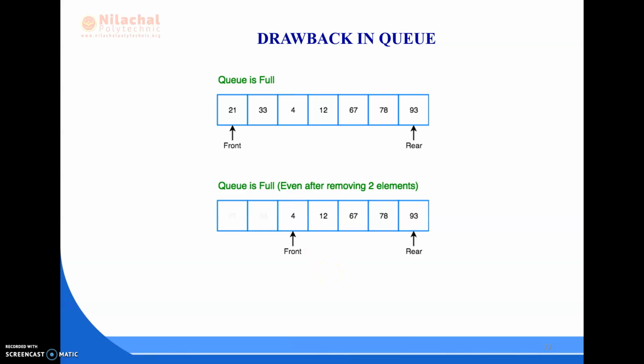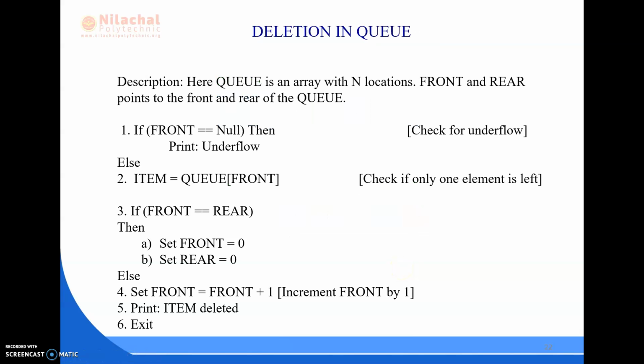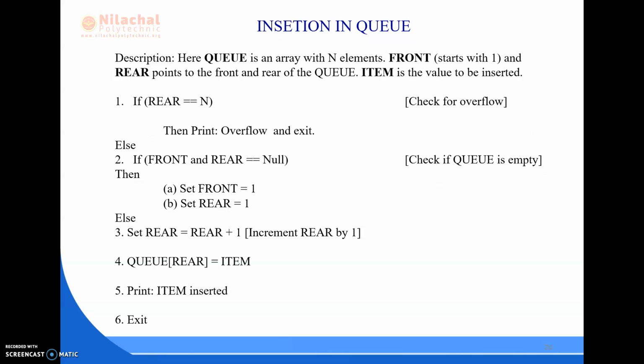Now the front is at the third position and the rear is at the last position. The drawback here is that when we want to insert a new element, it will check whether the rear is at the nth position, that is, the condition we check during insertion is rear equal to n.